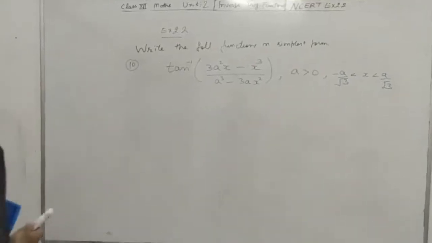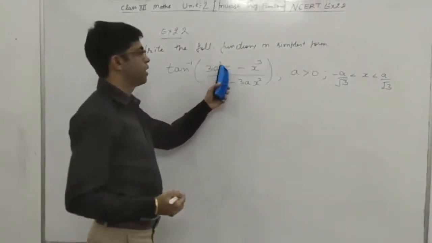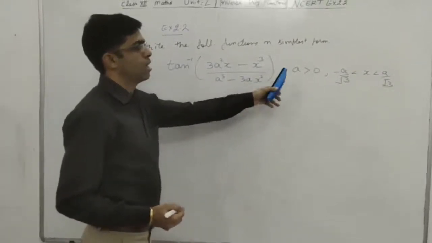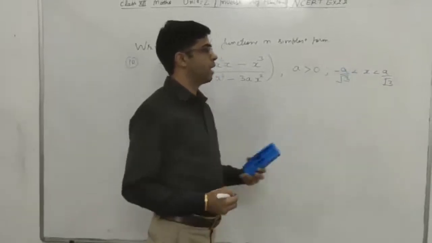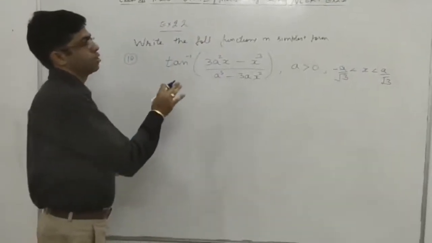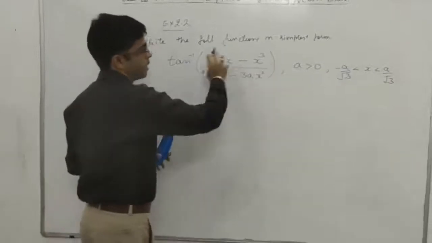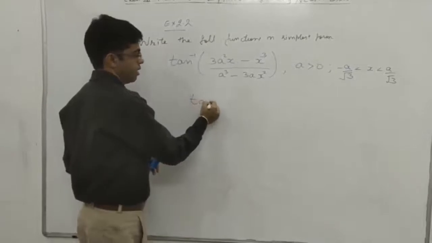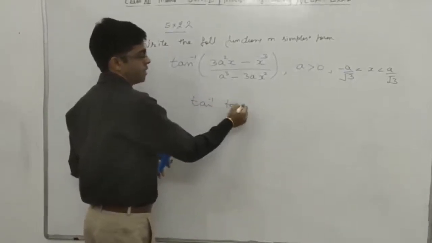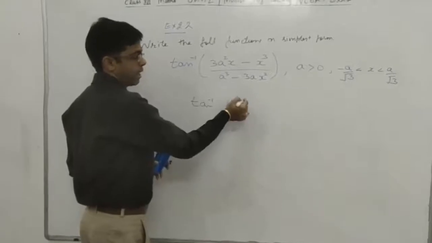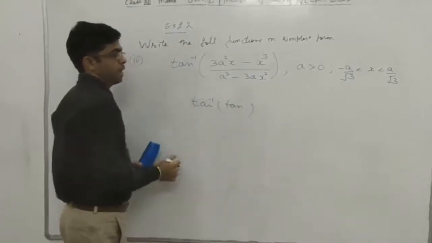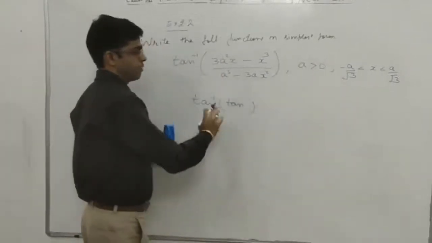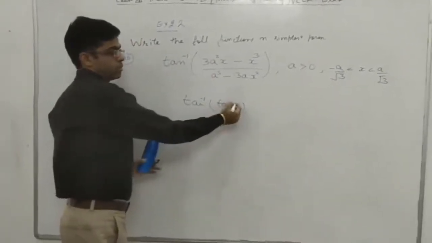So question number 10, this is tan inverse of 3a square x minus x cube upon a cube minus 3a x square, where x lies in this range. So you have to convert this into the simplest form. Inside there should come something in terms of tan, because then you can simplify this easily. 2 theta, 3 theta, anything should come, and then we have to check the validity using this, whether we can write it so. Suppose 3 theta is coming.